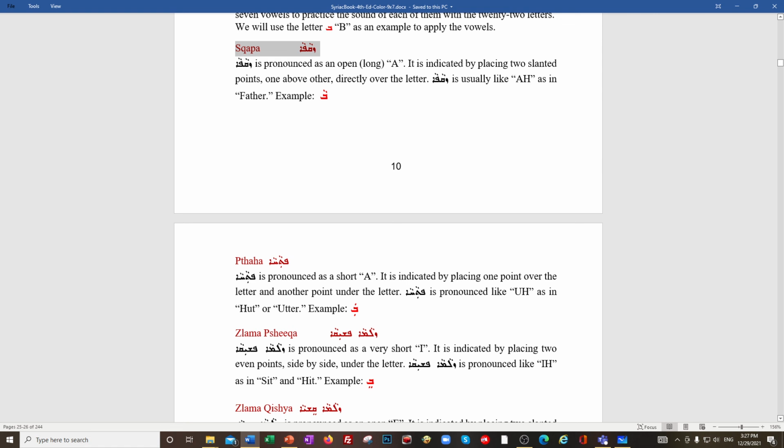Sqapa is usually like AH in English, as in father. Example, how it's going to look like. So this is the letter Beth with the 2 dots, Sqapa on the top. The sound of Beth with no vowel is B, with this vowel Sqapa, ba.